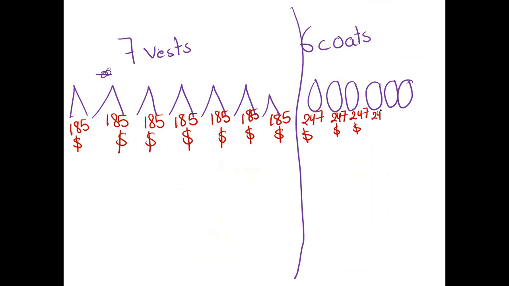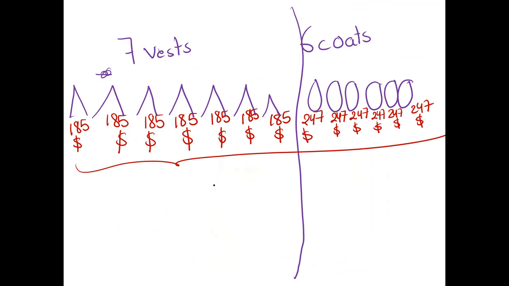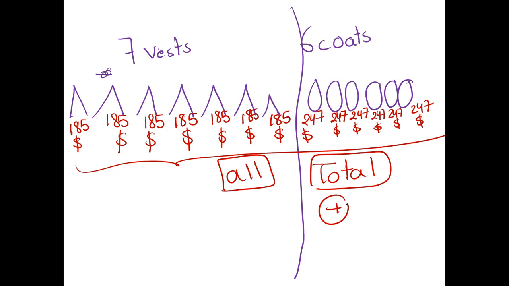Each coat costs $247. Now we will find how much money he gains to buy them all, I mean the total amount of money he gains. So to find the total, the word all tells us we have to make what? Addition for all. Right.